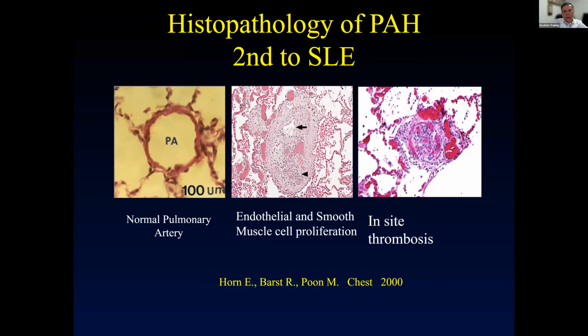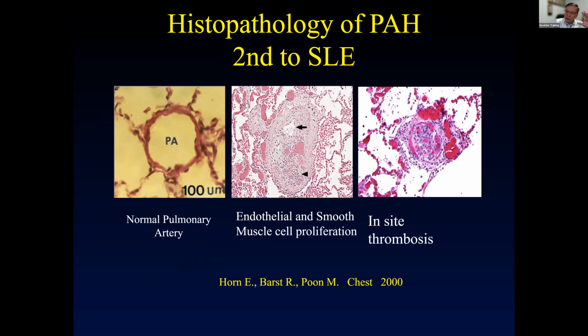This is a case that I reported many years ago now when I was at Mount Sinai, a patient with lupus. It turned out to have lupus anticoagulant causing clots in the pulmonary arterioles and ultimately death of the patient. And through the in situ thrombosis, basically clots are forming everywhere, only in the lung, nowhere else.